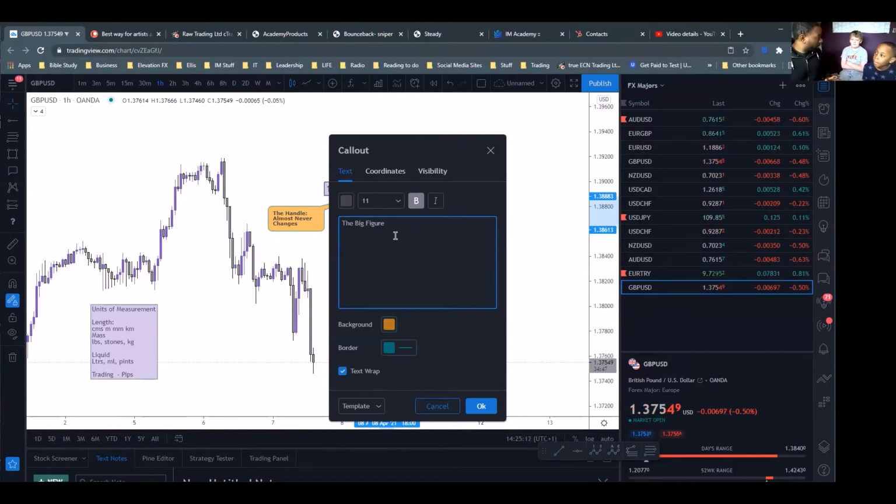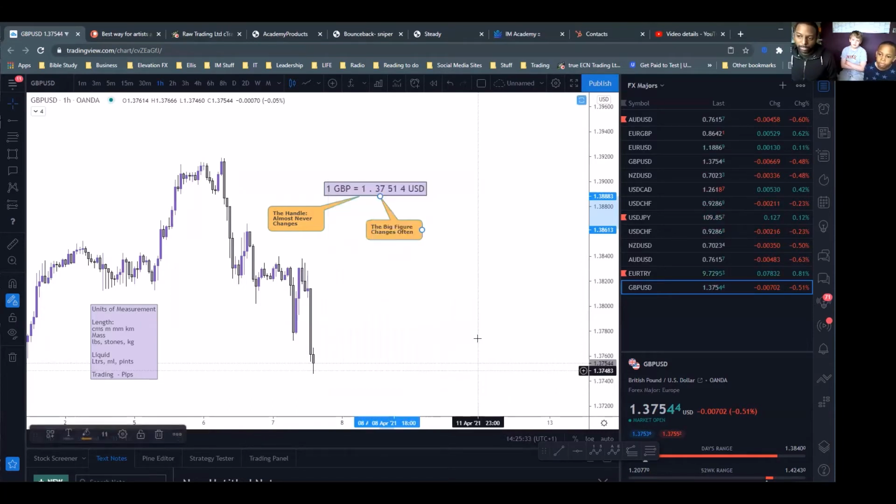It doesn't really matter what we call it. What's important is how frequently it moves. And the big figure changes often. We'll use your word, the big figure changes often.